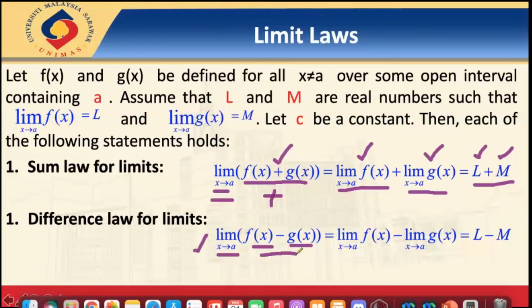Then it will be equal to limit of f of x individually, if we get some value, let's suppose v1, and then minus, we will calculate limit of g of x, then we will get another value, v2, let's suppose. Okay, then v1 minus v2 we can write as L minus M. This is called difference law.